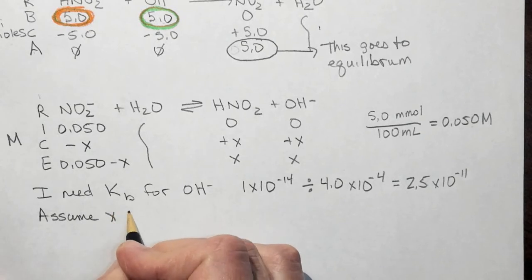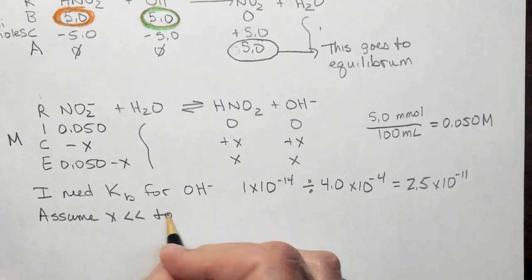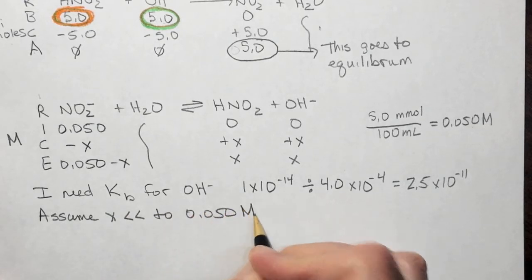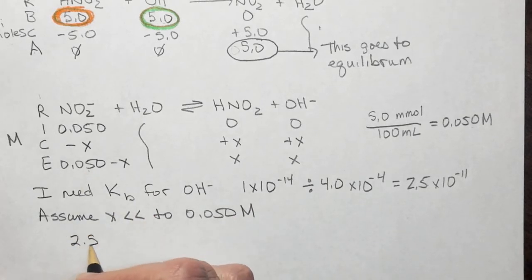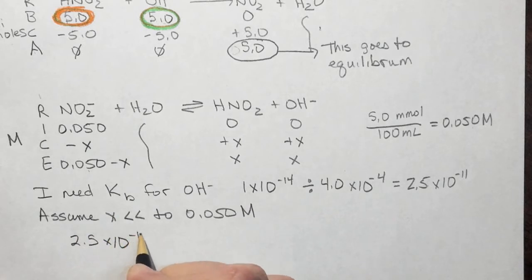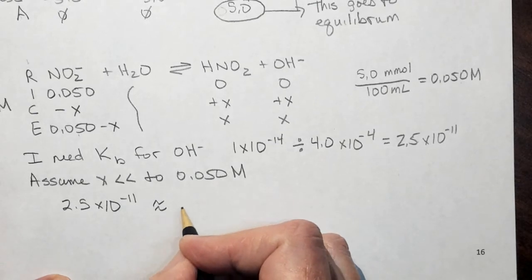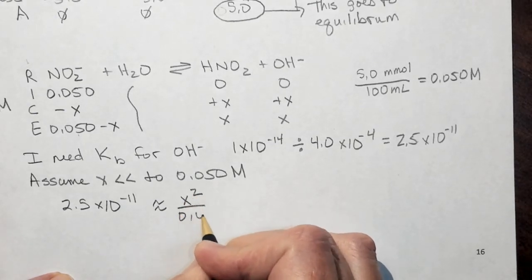All right, I can assume that x is very small compared to 0.050 molar. So I'm comparing it to this value here. So I have that 2.5 times 10 to the negative 11th is approximately equal to x squared over 0.050.